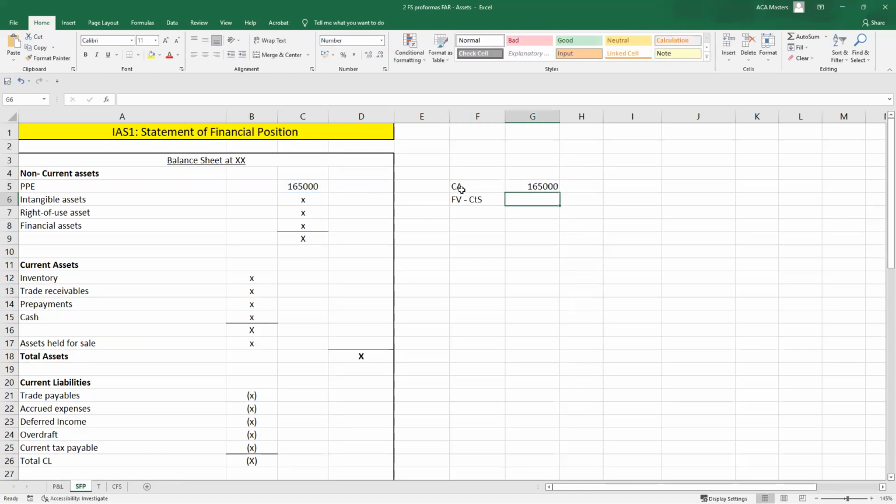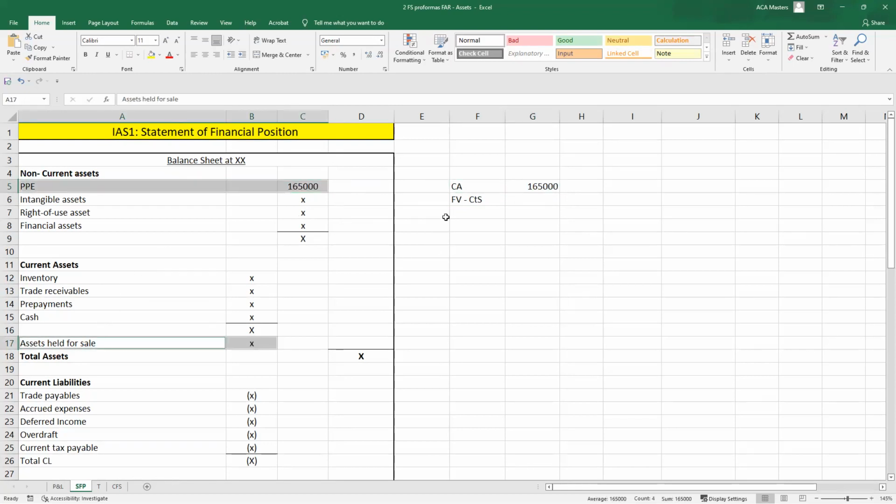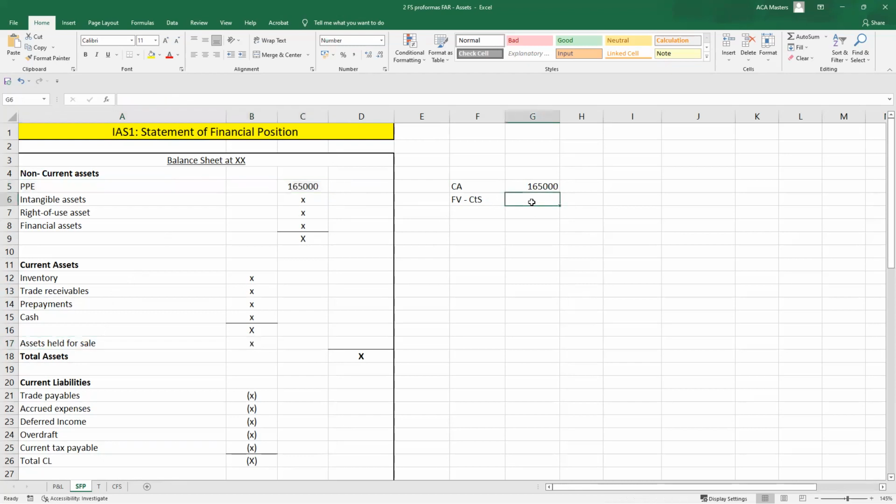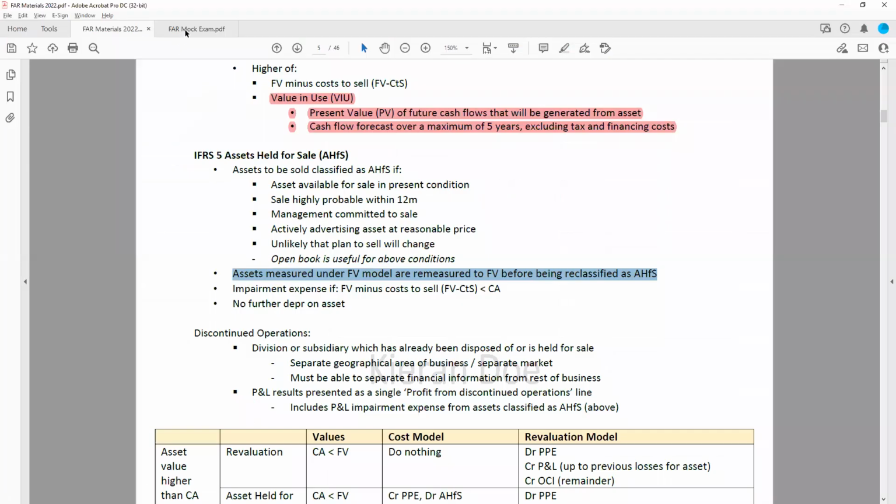Of course, its carrying amount is its fair value because we've just remeasured it. So if you reclassify it, take it out of here and put it in here at fair value minus cost to sell, the difference is going to be the cost to sell. So we know what its fair value is, and it's fair value minus its cost to sell.